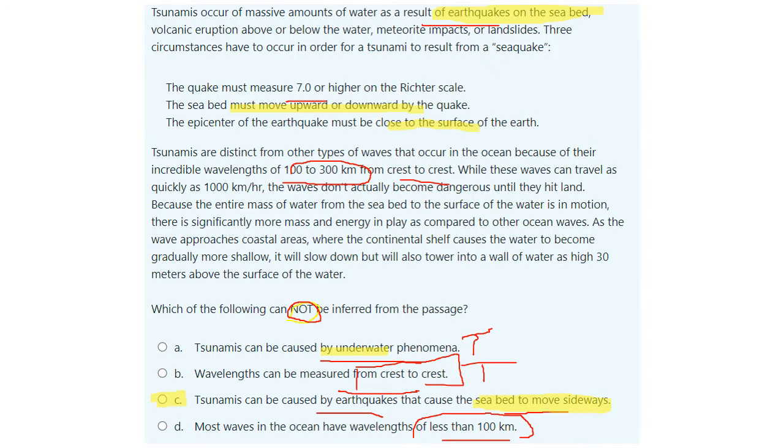Well, it says tsunamis are distinct. Distinct means different. So they are different from the other type of waves because tsunamis have wavelengths 100 to 300 kilometers. Therefore, we can guess that other waves that are not tsunami have waves that are under 100 kilometers. So C is definitely the correct answer.